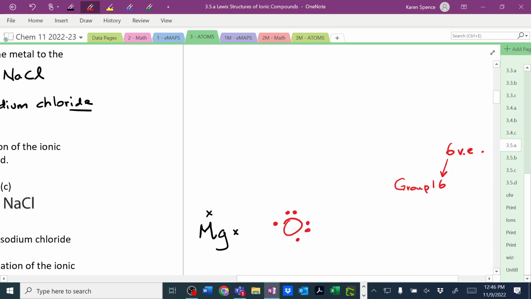What's the next thing we show? We show the movement of the electrons. How do we show the movement? We use arrows.